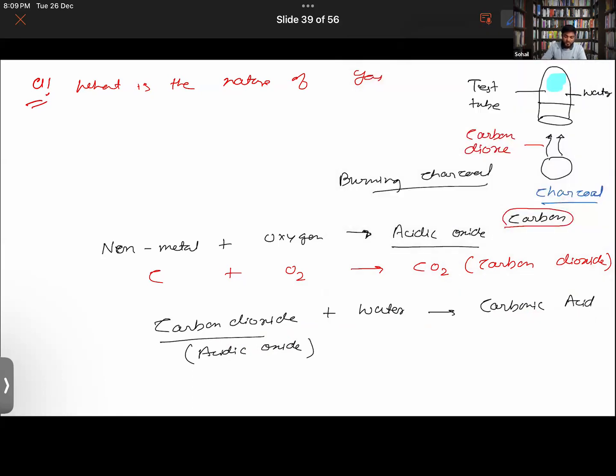And who will tell me, this will turn which litmus paper into which color? Let others try as well. The acid, it turns which litmus paper into which color? Red to blue, okay. What about you, Ahmed? Do you also agree or do you differ with this?